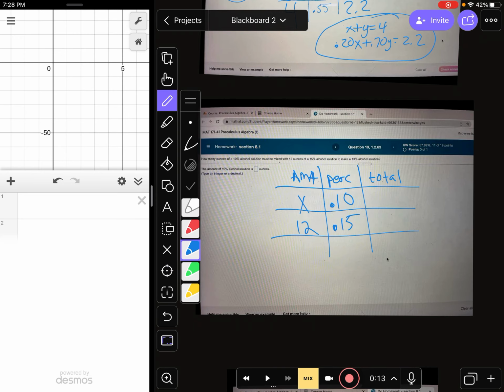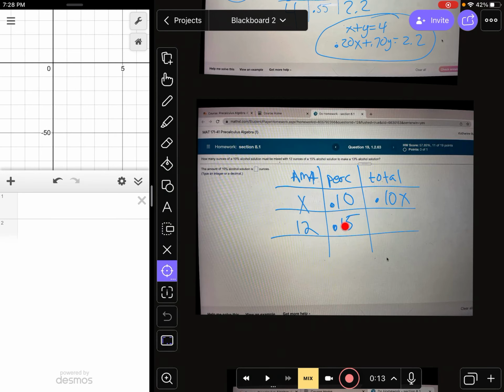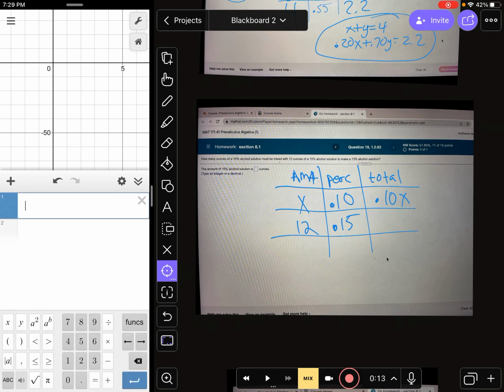So it's going to be 0.10x. I can do the same thing right here. I can multiply straight across. I have 12 ounces. 15% of it's alcohol. If I multiply it together, that'll give me the amount of alcohol in that mixture. So it's going to be 12 times 0.15. It's going to be 1.8.